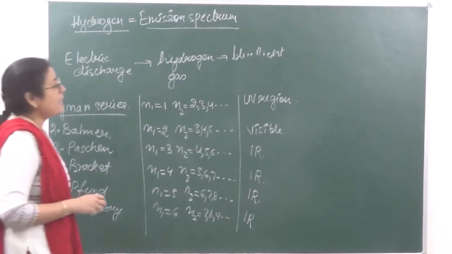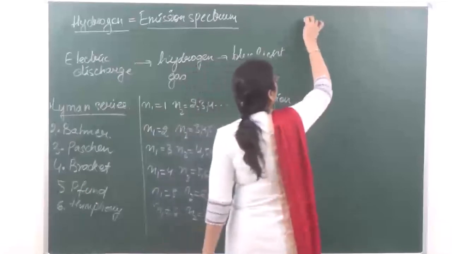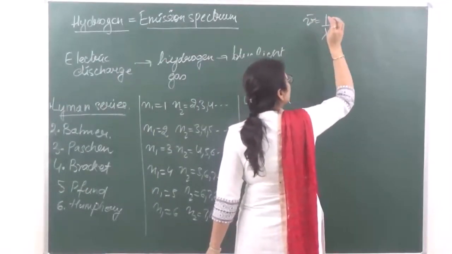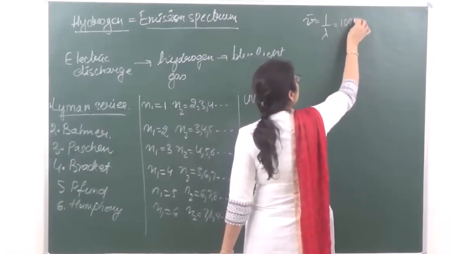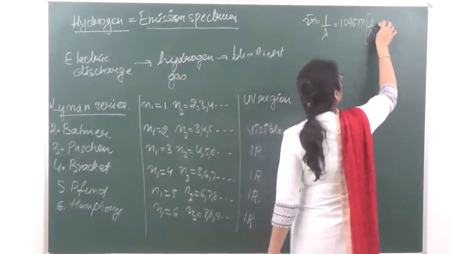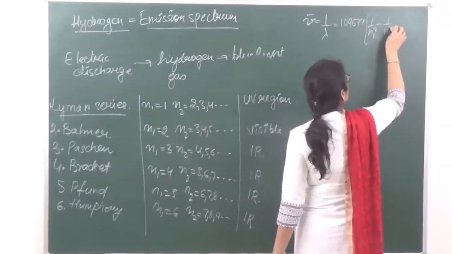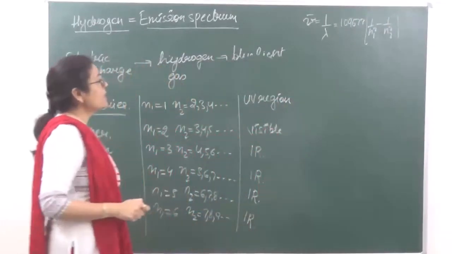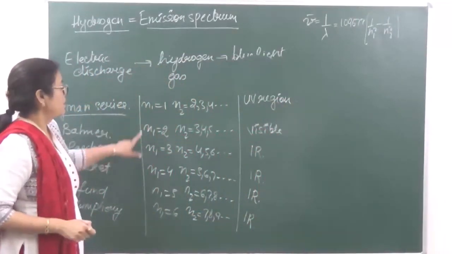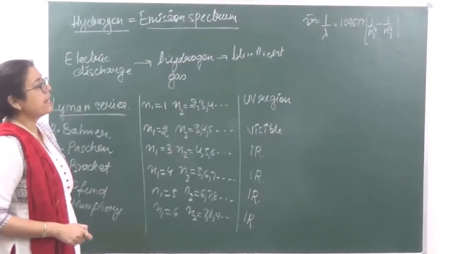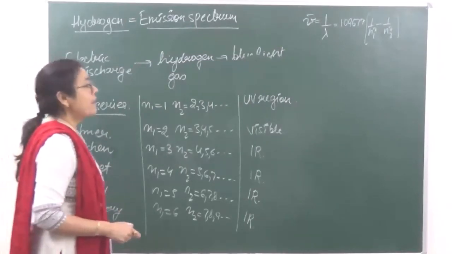It was given as nu bar is equal to 1 by lambda is equal to 109677 times (1 upon n1 square minus 1 upon n2 square), where n1 is the initial shell in which the electron is present and n2 is the final shell.